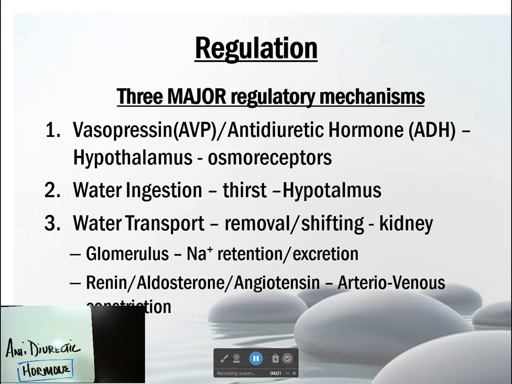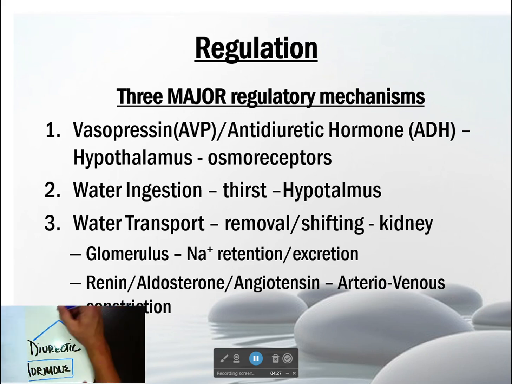Let's talk about diuretic for a moment. Not antidiuretic, just diuretic. So if we are talking about diuresis, what do we mean by that?